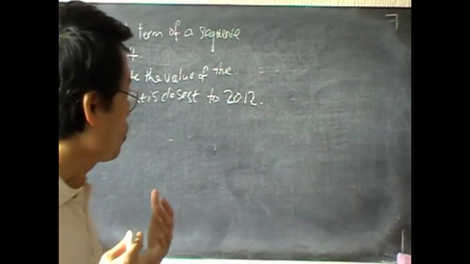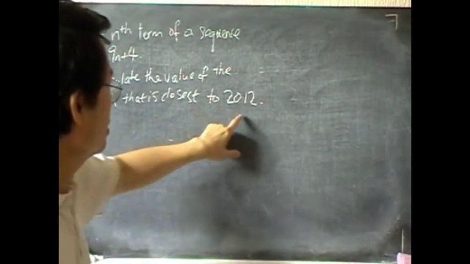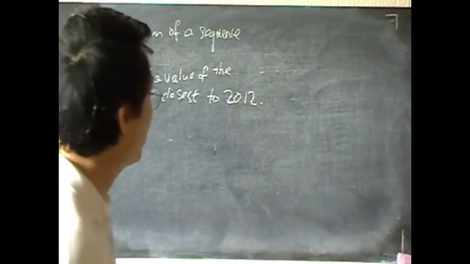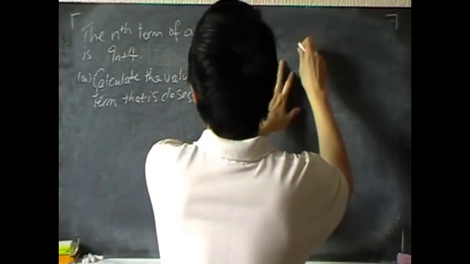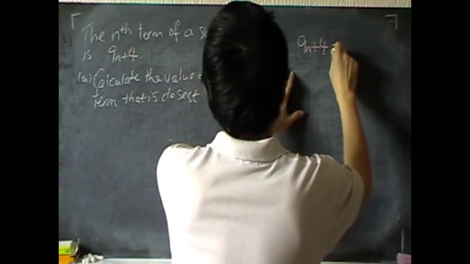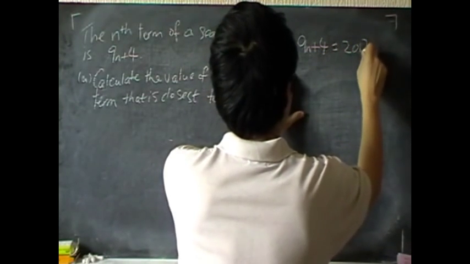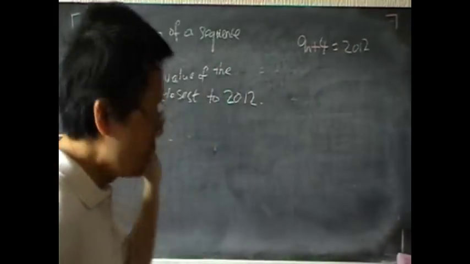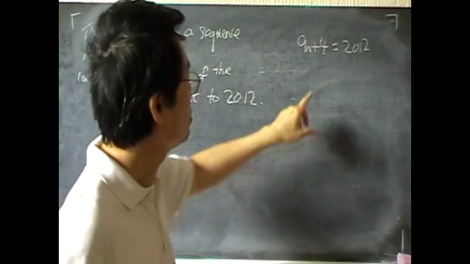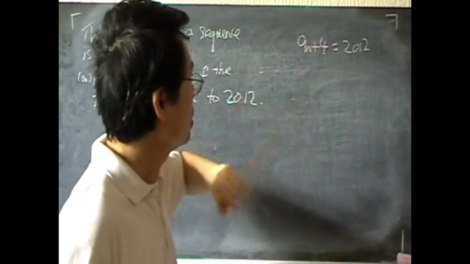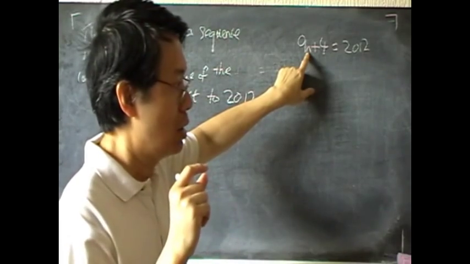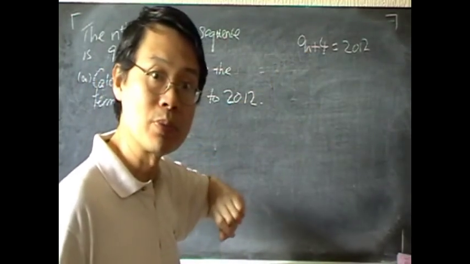So for example, we could try setting this term 9n plus 4 equal to 2012 and solving for n. This means we write 9n plus 4 equals 2012. Now if this number on the right is exactly equal to one of the terms, then when I solve the equation for n, I must find an n that is a whole number.